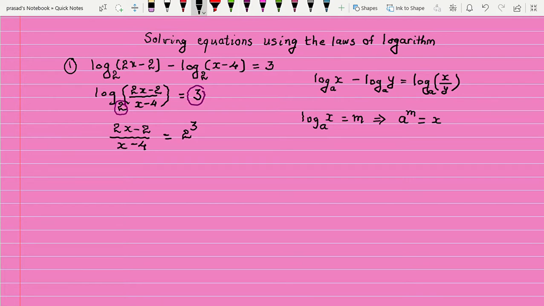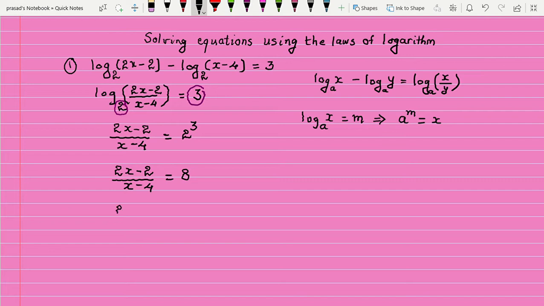Now let us solve this. So what will you get? 2x minus 2 upon x minus 4 is 2 cube, that is 8. So you are getting a simple linear equation. How will you solve it? Yes, first cross multiply.